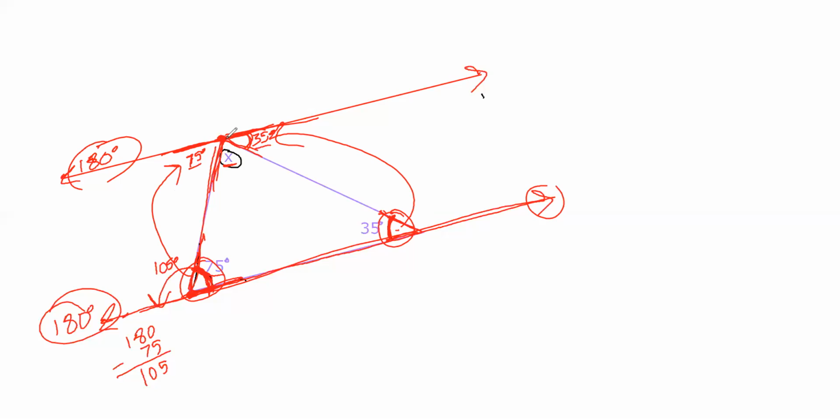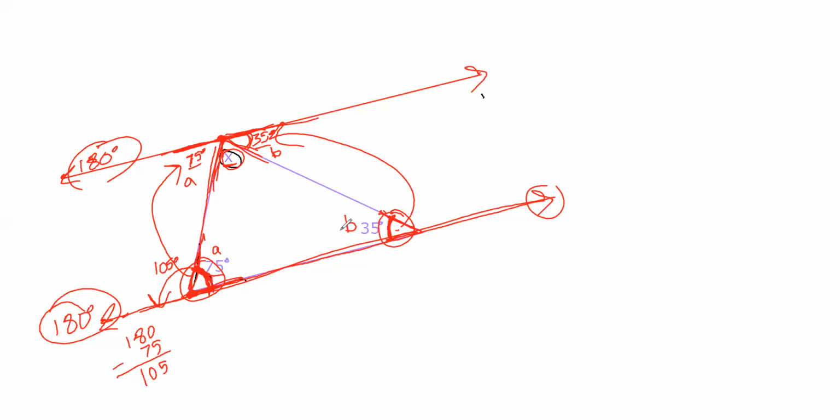So the missing angle is going to be my missing number. If we call this angle A and this angle B, and this angle X, then this 75 here is angle A, and 35 is angle B.